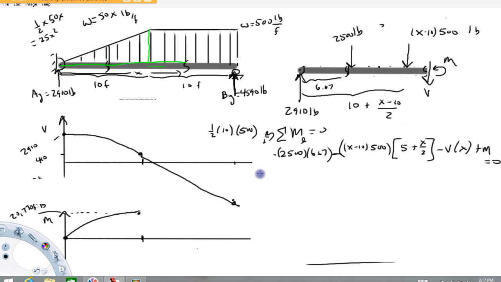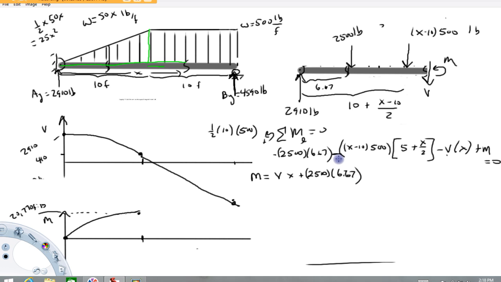If we solve this for M, the bending moment equals the shear times x. Unfortunately, I erased that equation there, but I'll go back and find it somehow. We're going to have to add this term, so plus 2,500 times 6.67.